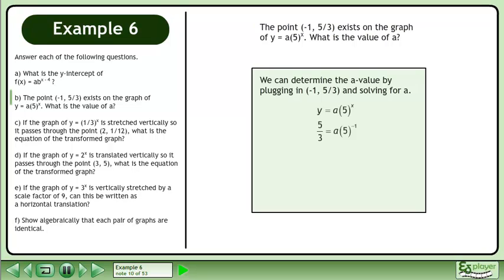Plug in the point negative 1, 5 over 3. Five to the power of negative 1 equals 1 over 5. Cross multiply. The value of a is 25 over 3.